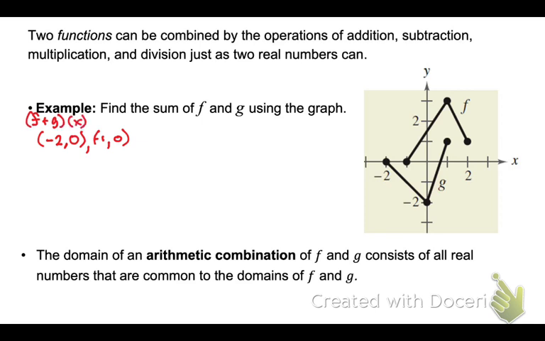And then I would have -2. Actually, that would be 0, -2, correct? 0, -2. And then I would have 1, 1, and 1, 3. And 1, 2, 1. Okay, now I just added the points together.